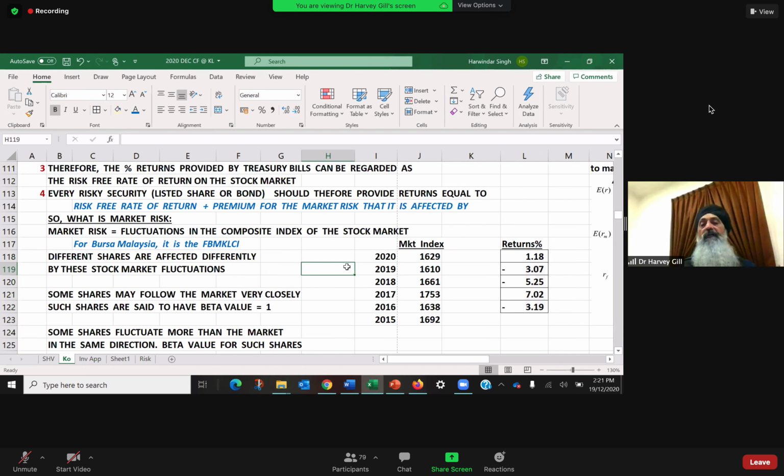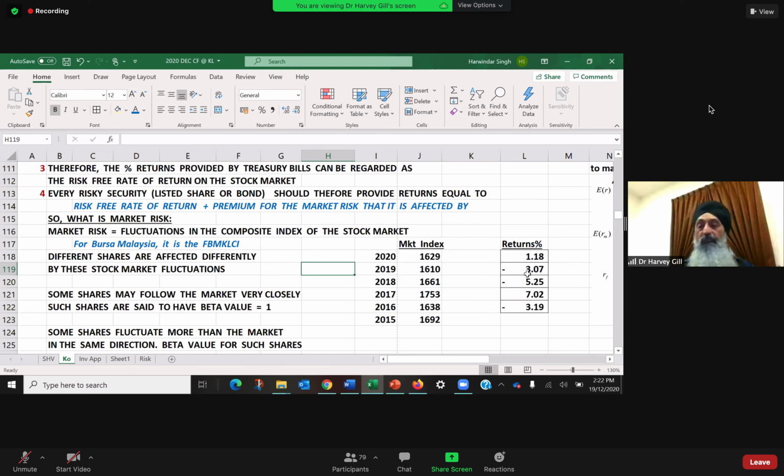Now, if the shares of a company listed on Bursa Malaysia moved more or less with the market, meaning when the market went up 1.18 during that year, this company's share price also went up by about 1.18, and when the market was down by 3%, this company's share price was also down by about 3%, or at least proportionately the same.